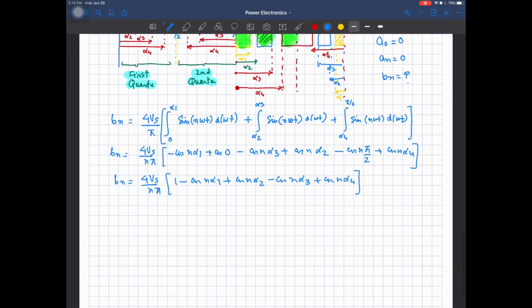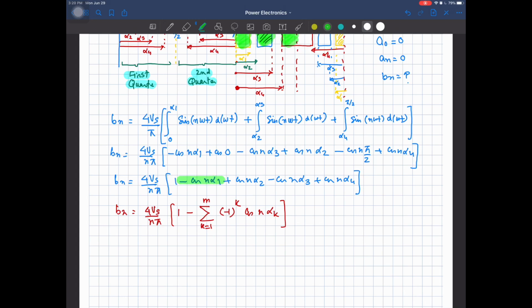And I can write it like this: Bn is equal to 4Vs by n pi times 1 minus the summation of minus 1 power k into cos of n alpha k, where k varies from 1 to m, and m represents the number of notches or edges per quarter cycle.